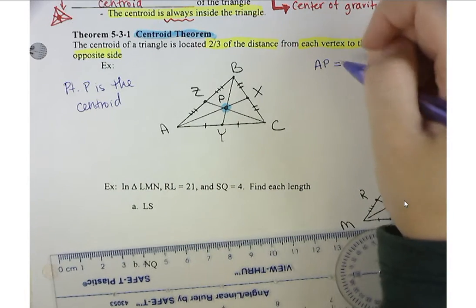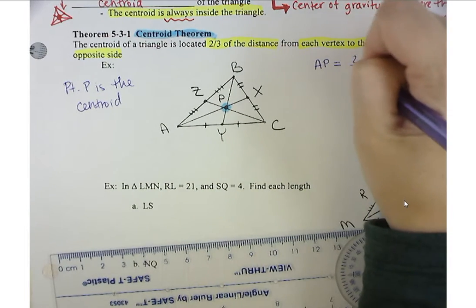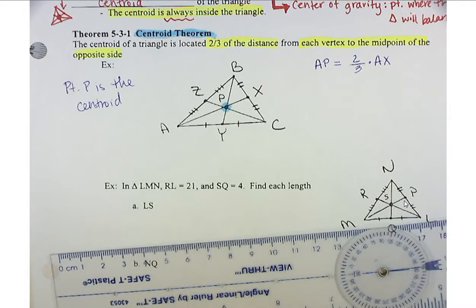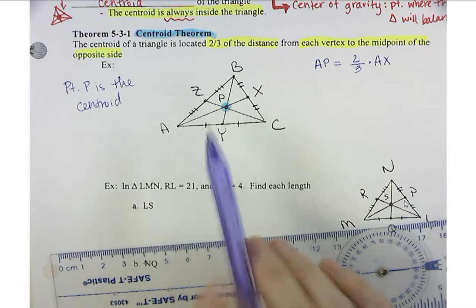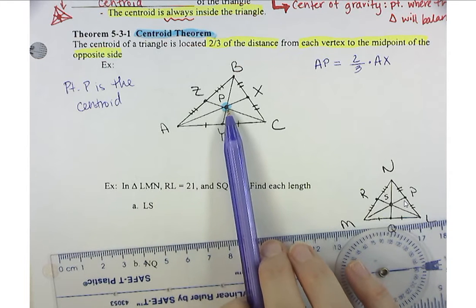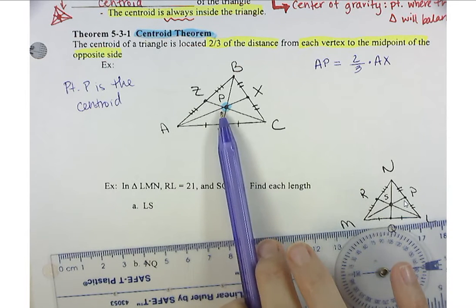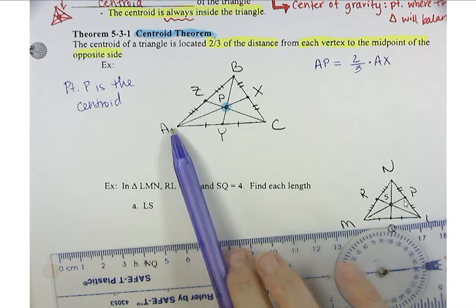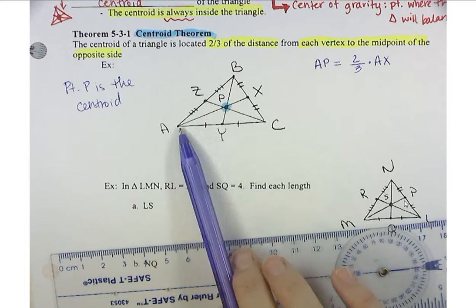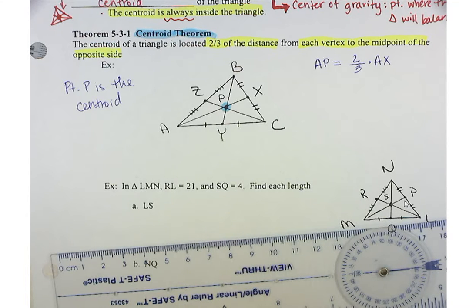So AP is going to be 2/3 of AX. So AP is what's going to be the 2/3 of the entire segment.